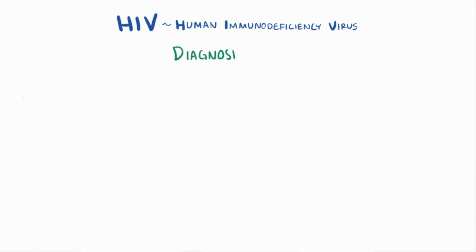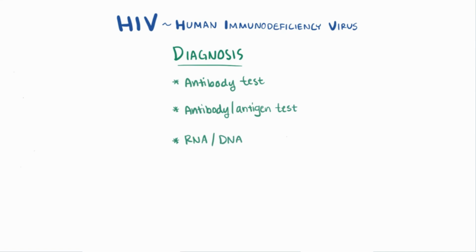As far as diagnosis goes, there are a few types of HIV tests that can be done: antibody test, antibody antigen test, and RNA or DNA test. Antibody tests look for antibodies that the body made against HIV. Antigen tests look for the virus directly.